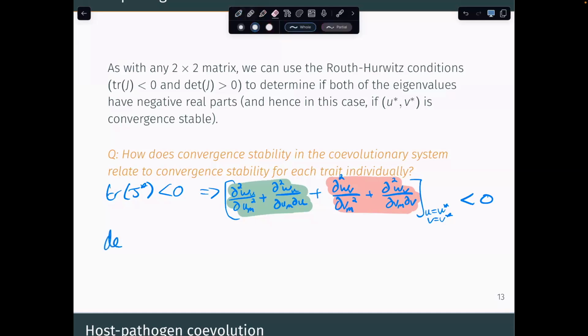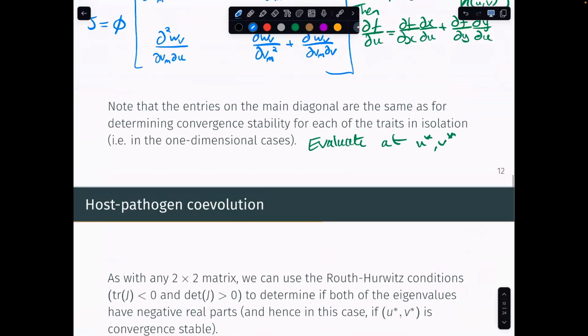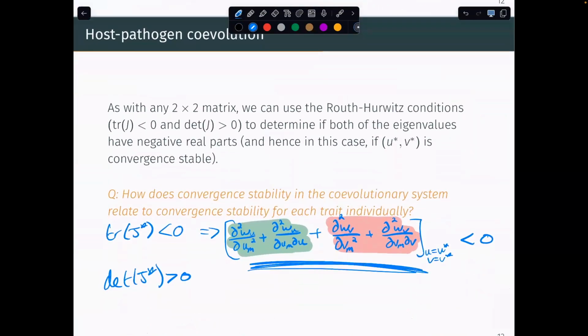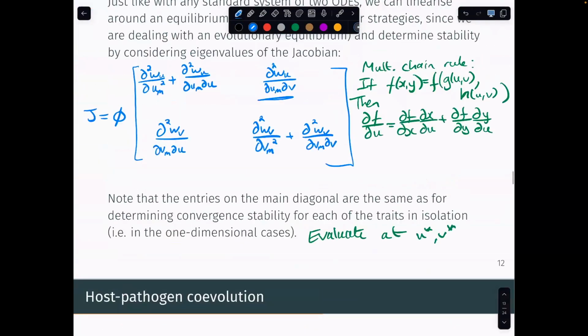But we also need our determinant to be positive in order for this Jacobian to have eigenvalues with negative real parts. So this is only one piece of the puzzle. I'm not going to work out the determinant of this, but we can see that even if this is satisfied, it's possible, depending on what these functions look like here, that our determinant is negative.